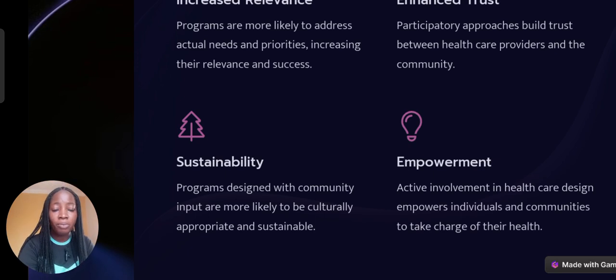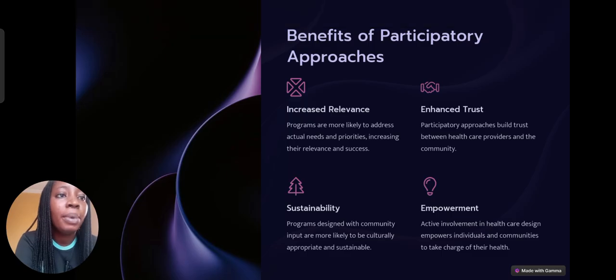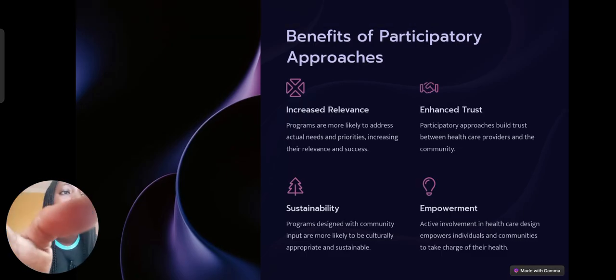Then empowerment is the fourth one, which involves active involvement in healthcare design, empowering the individuals and people of the community to take charge of their health. That's what health promotion is about. And of course, that's what primary healthcare is also about.